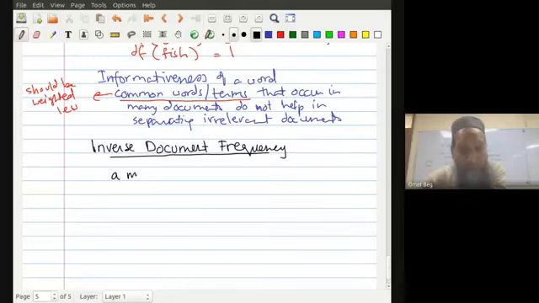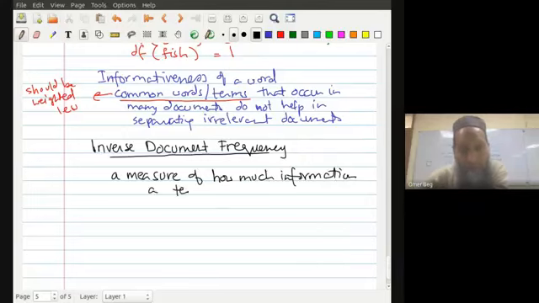So this is a measure of how much information is contained in a term. And this is calculated using this formula of IDF.